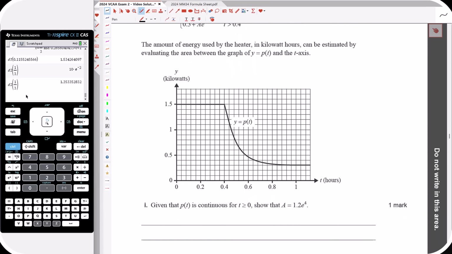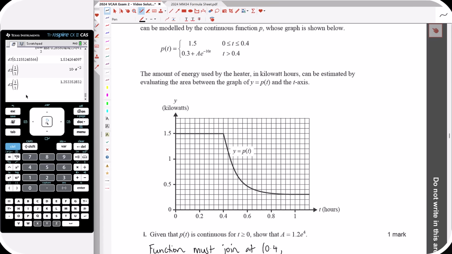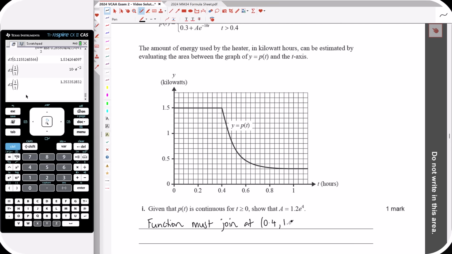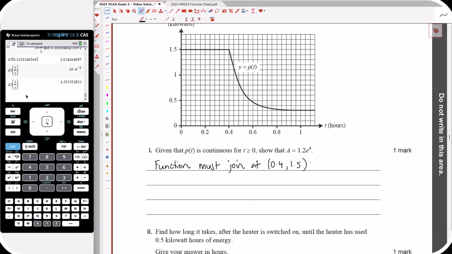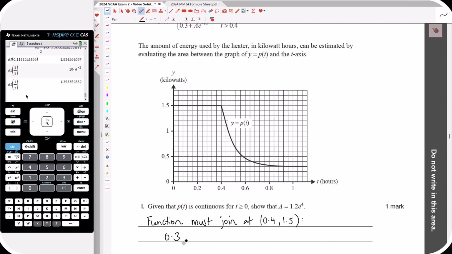Okay, so the two functions, or the two branches of the same function, must join at 0.4. And we can work out clearly it's 0.4, 1.5. So that means that if we substitute that point into the second branch of the function, we're going to have 0.3 plus a times e to the negative 10 times 0.4 has to equal 1.5.